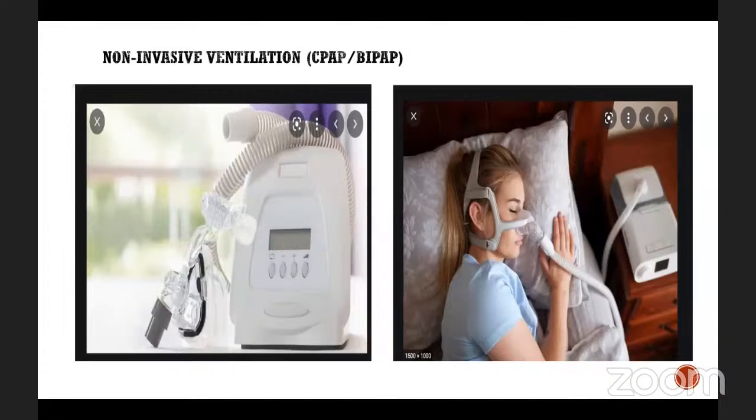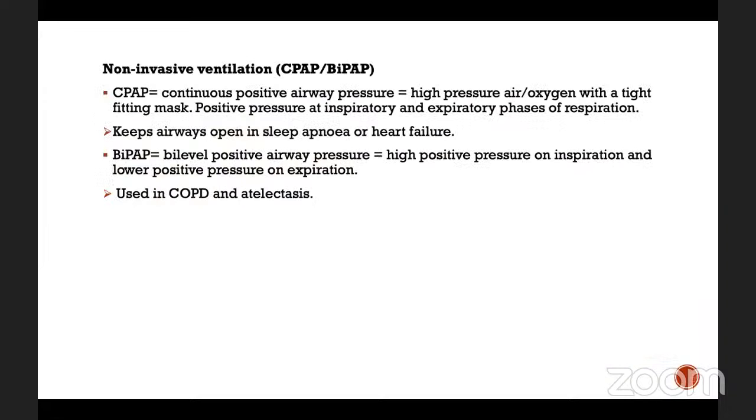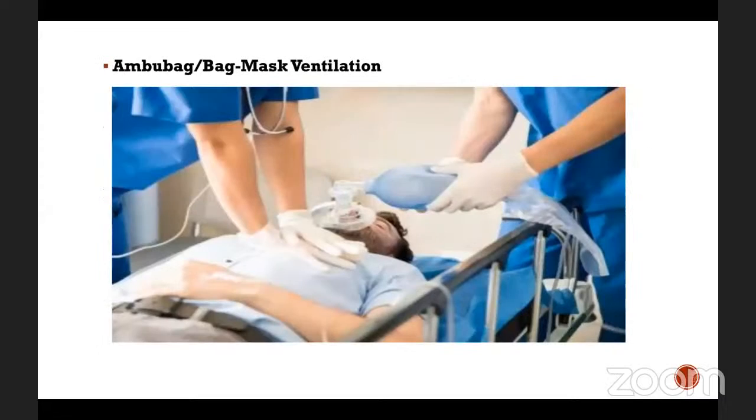That's where the CPAP machine tends to deliver and maintain positive pressure. BiPAP gives 2 different levels of pressure across the respiratory phases. Those with atelectasis can also benefit from this device.